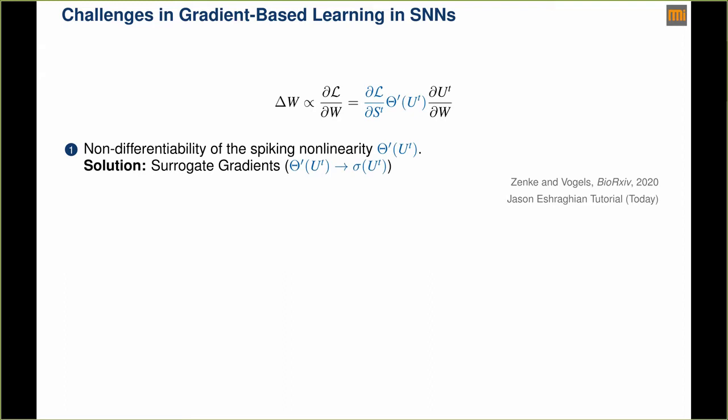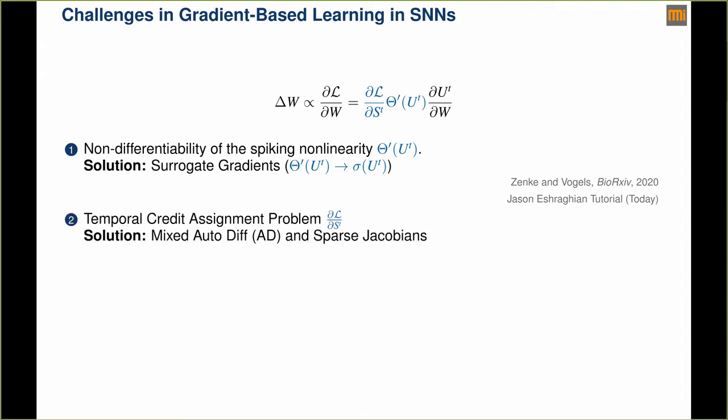You can also understand this as starting with a smooth nonlinearity and gradually increasing the sharpness of that nonlinearity. Those ideas are discussed in this nice paper of Friedemann Zenke and Tim Vogels. That's all I'm going to say about surrogate gradients, because I think that's a minor challenge compared to some of the other challenges I'll be discussing.